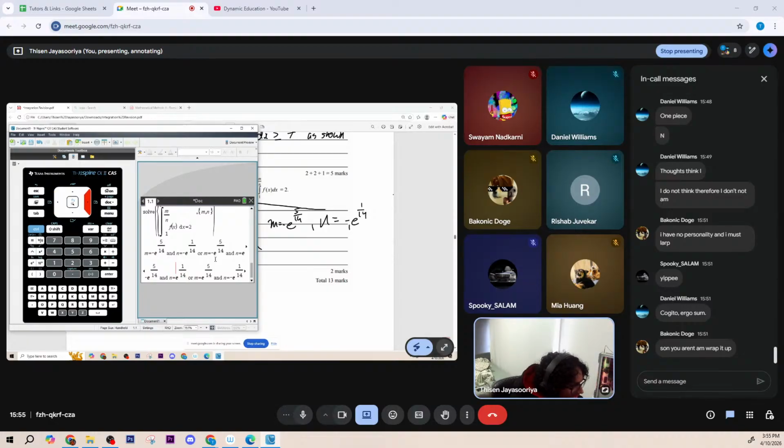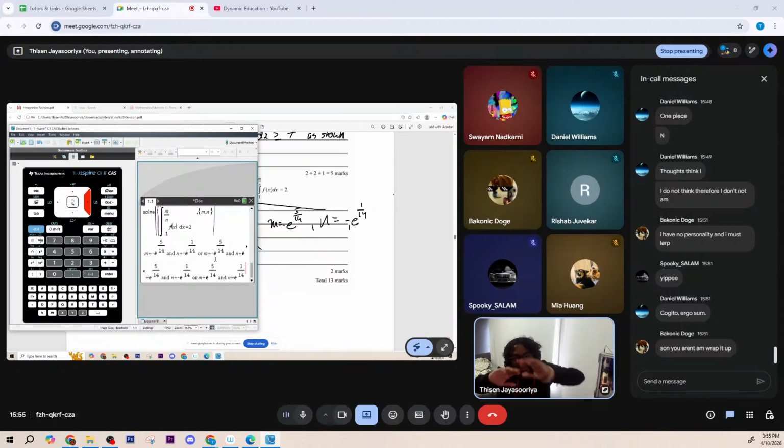We can't have the negative ones. We'd have essentially 4 sets of solutions. So we have to write down m equals negative e to the power of 5 over 14, and n equals 1 over 14. Or m equals e to the 5 over 14, and n equals negative 1 over 14, or m equals 5 over 14 and n equals 1 over 14. Yeah?